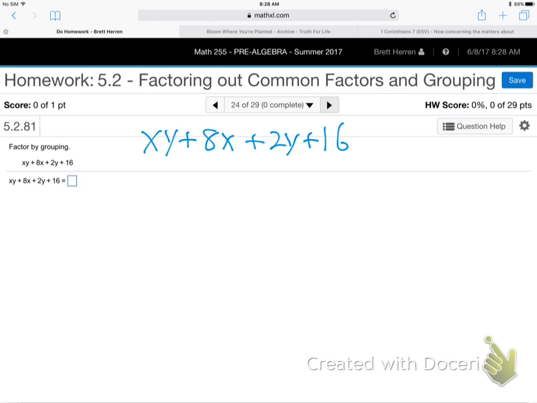First two, last two. All right, what do the first two have in common? X. Remove it. What does it leave behind? Y plus 8. Bring down the plus in the middle.